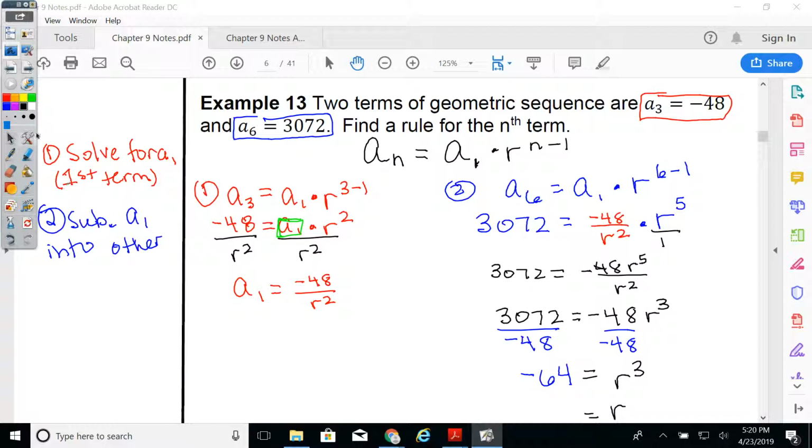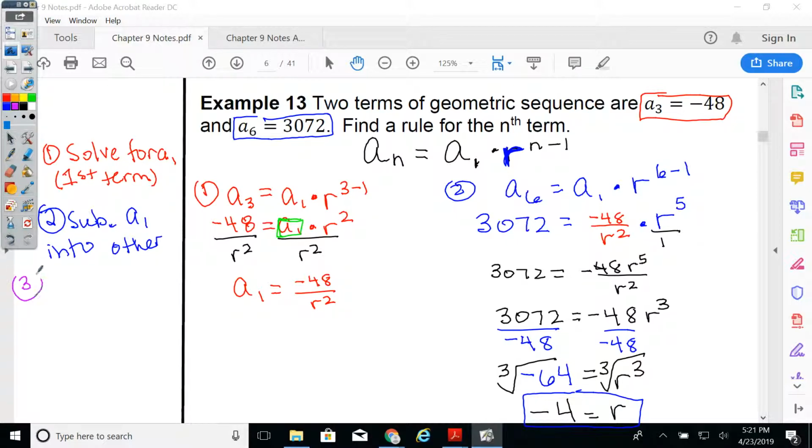To get rid of a cube, we have to cube root both sides. So we take the cube root of negative 64, and we get that r is negative 4. So here, now we found one of these values in the sequence. So now we got to go find the other one.